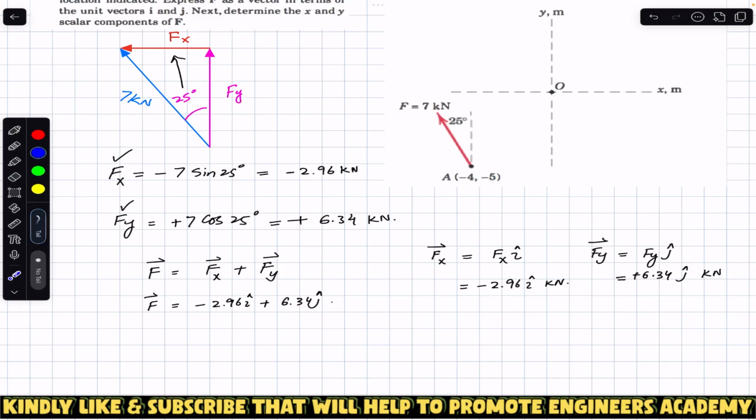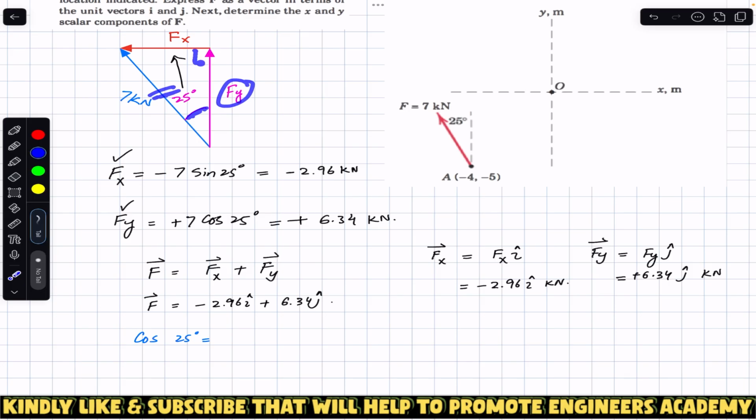If you are confused about why F_y is the cos component, I will repeat the same procedure. If we consider this right angle triangle and apply cos of 25 to it, cos of 25 degrees will be equal to the adjacent side divided by the hypotenuse.